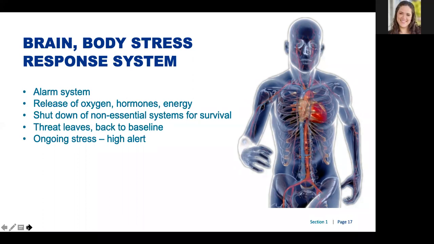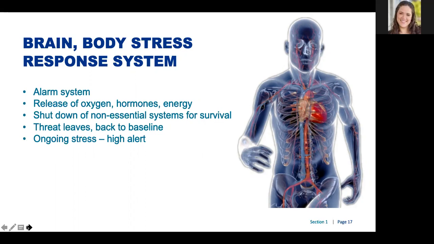When a child who's been impacted by trauma perceives danger, their brain quickly organizes and activates resources for the body to act on that stress. So the brain tells the body to energize itself and release more oxygen, release hormones, get ready. It makes the body as efficient as possible tackling stress by shutting down any non-survival related parts or processes.